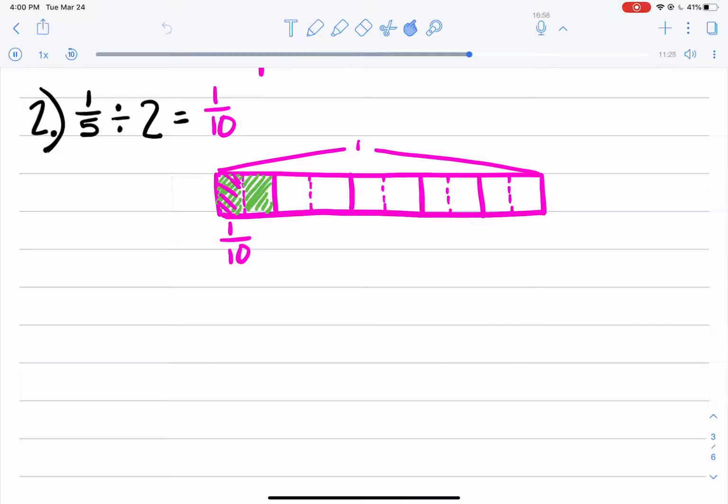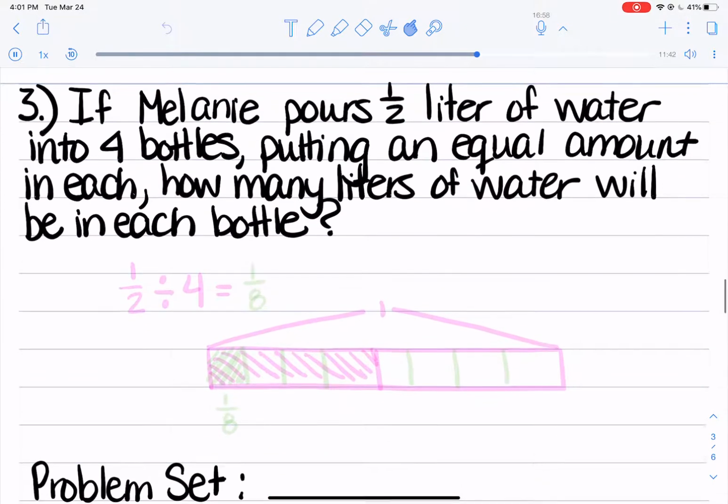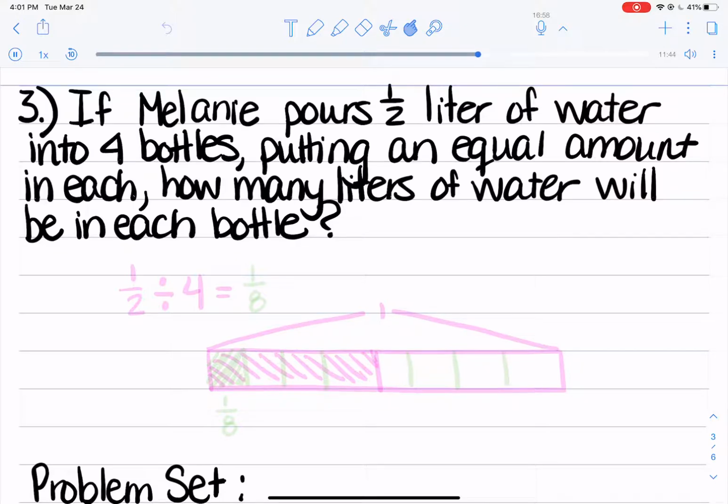All right, and finally, let's look at this problem. If Melanie pours 1/2 liter of water into 4 bottles, putting an equal amount in each, how many liters of water will be in each bottle? Okay, so I guess the first question we have here is how many liters of water does Melanie have? And we know that Melanie has 1/2 liter. And she's pouring it into 4 bottles.